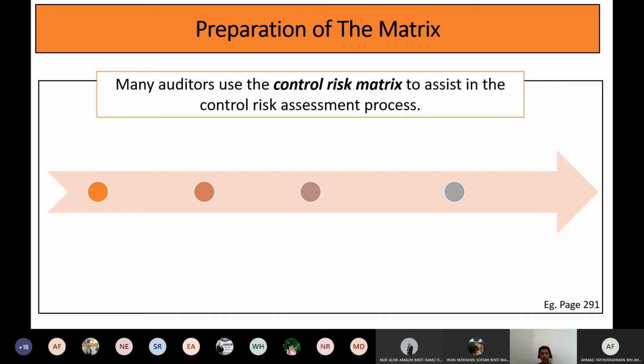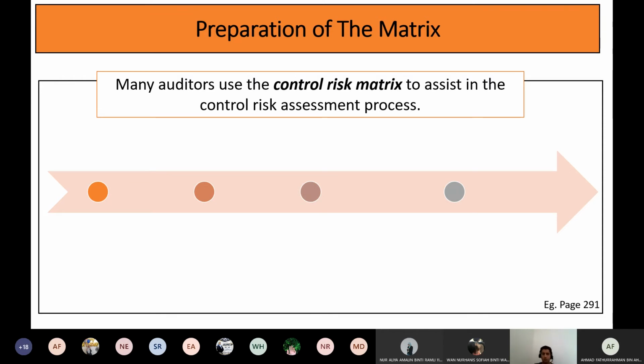Next, we need to identify the existence of controls: what controls they have in place to ensure that the cash they receive is secure, and the accuracy of the recording.